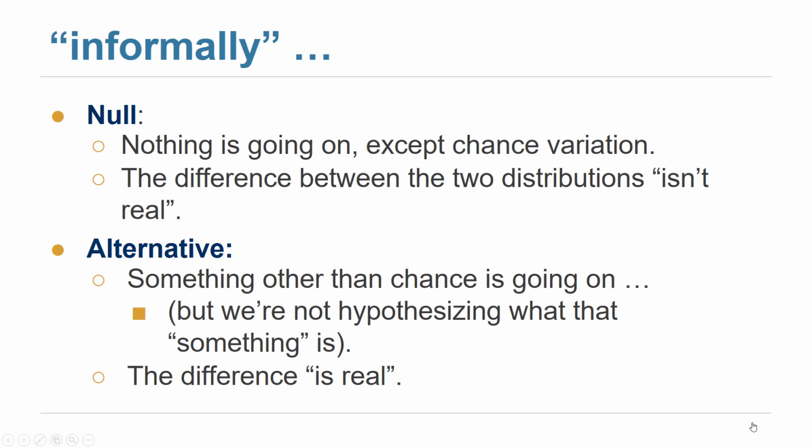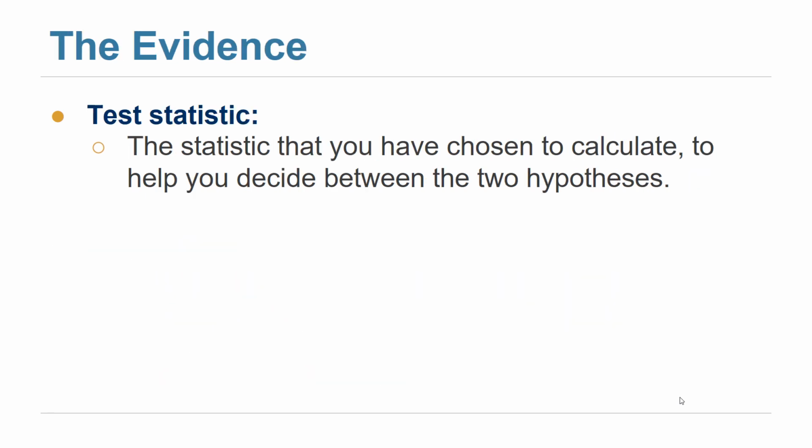The other hypothesis, which is the alternative hypothesis, is that something else is going on. We are not saying what that thing is, but there's something else other than chance involved. Or, in other words, the difference that we see between the observed data and the model is actually real. So that's the alternative hypothesis, informally.